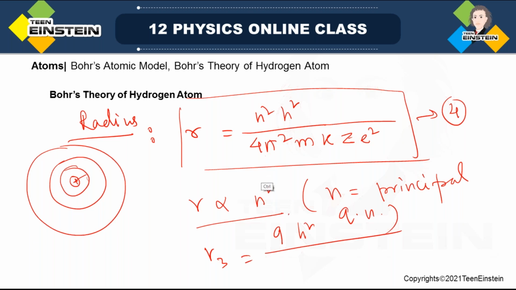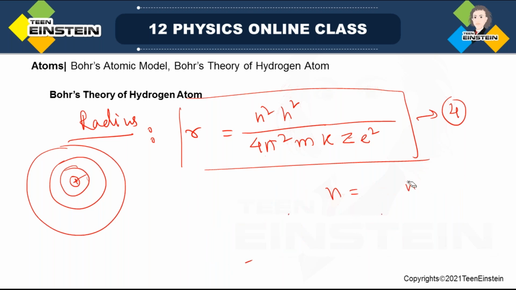These are all constants. I'll just do a simple modification of this.